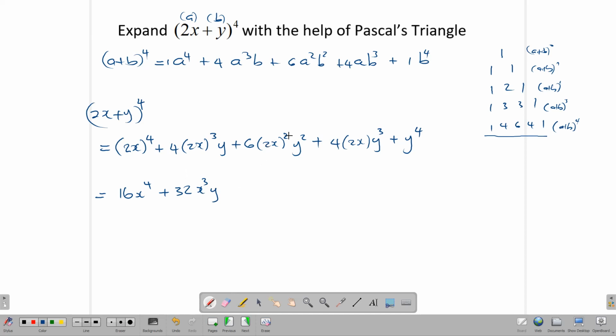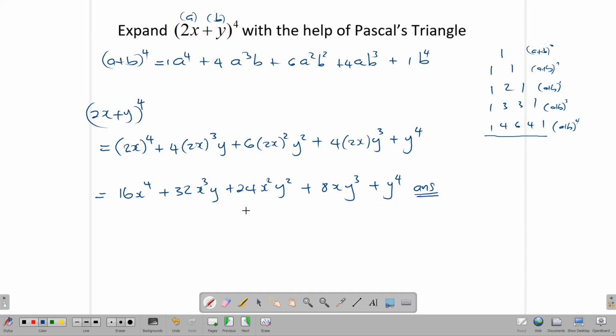2 squared is 4, and 4 times 6 here gives us 24. So it's 24x square y square. And then here, 4 times 2, 8. So it's 8x y to the third. And then we end it off by writing down y to the fourth power.